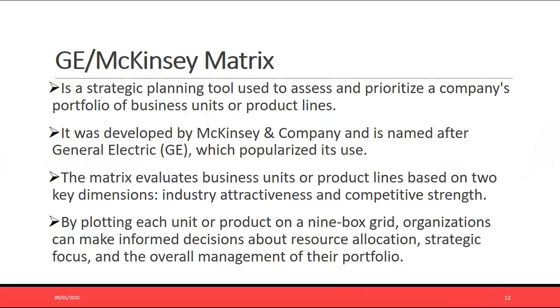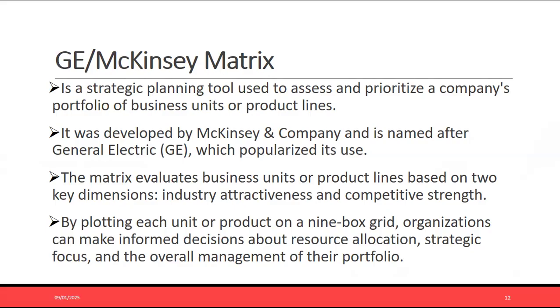However, the GE matrix was developed by McKinsey and Company, and it's named after General Electric or GE, which popularized its use. So it was popularly used by GE. That's why you call it the GE matrix or the McKinsey matrix.